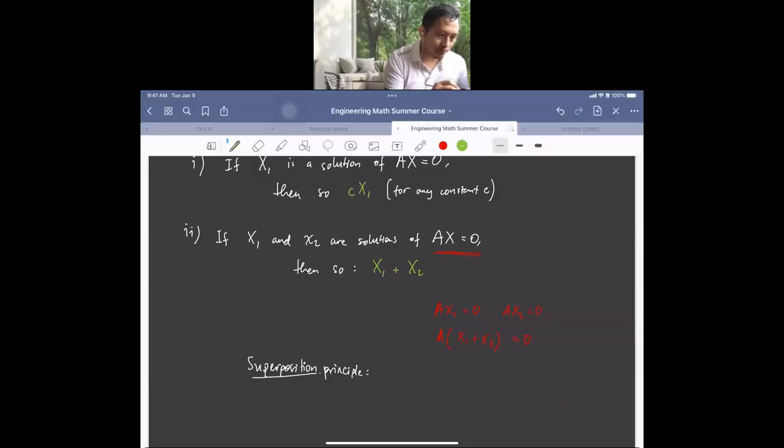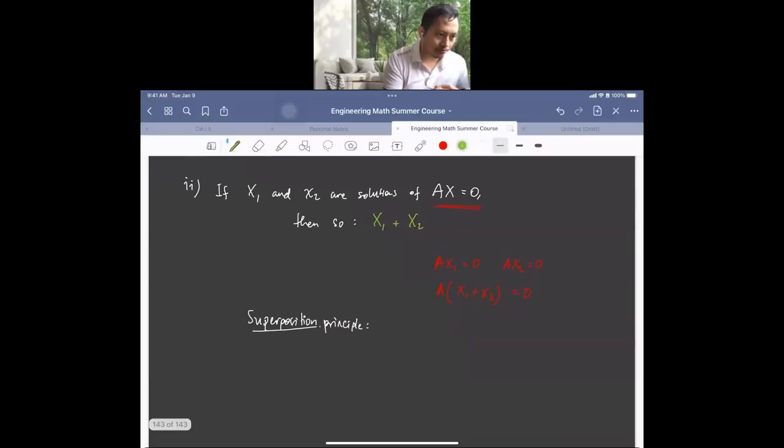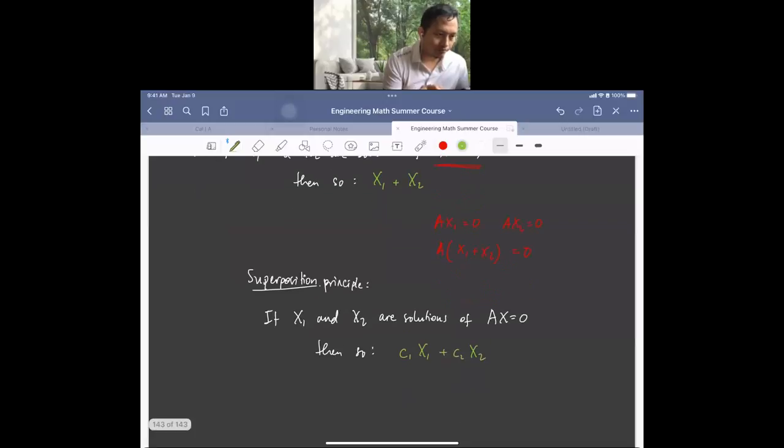Superposition principle: if x1 and x2 are solutions of Ax equals 0, then so is the linear combination c1 x1 plus c2 x2, where c1 and c2 are constants.